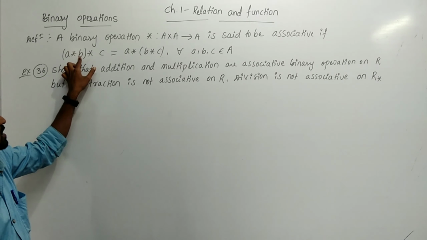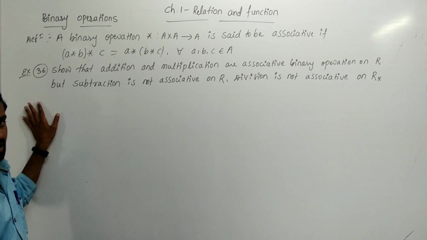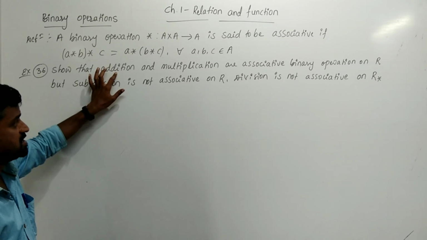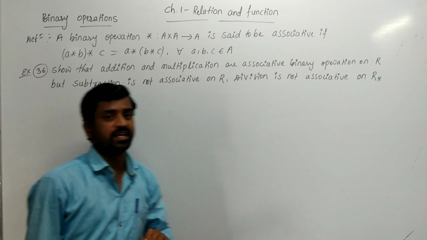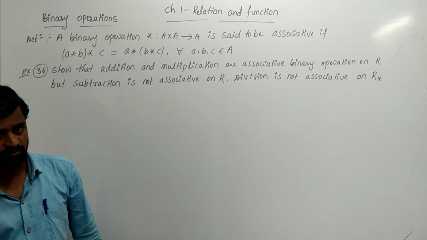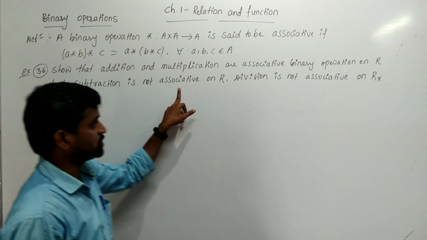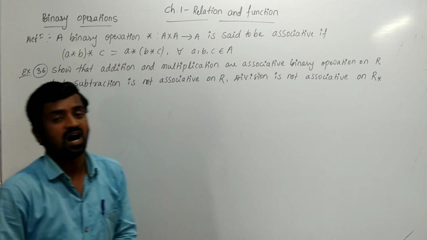Example on this associative. Show that addition and multiplication are associative binary operation on R. But subtraction is not associative on R. Division is not associative on R star.